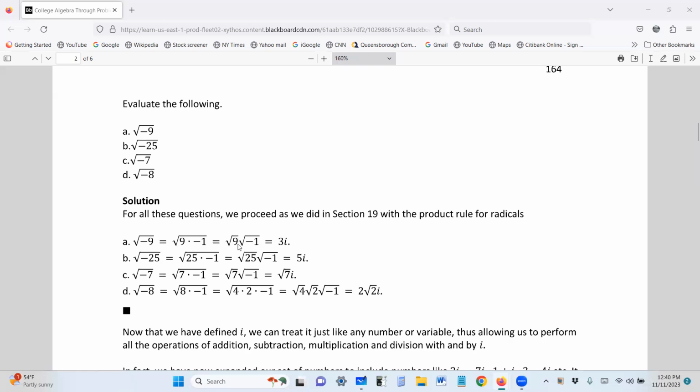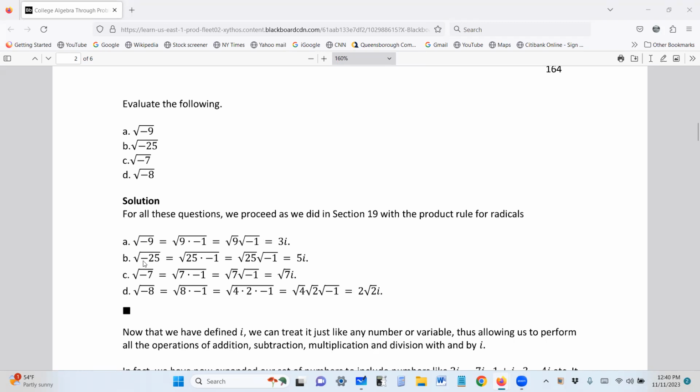So we can now simplify the square root of 9 as 3 and the square root of negative 1 as i. So the original problem, which was not possible as a real number, became 3i, where i is what we call an imaginary number.